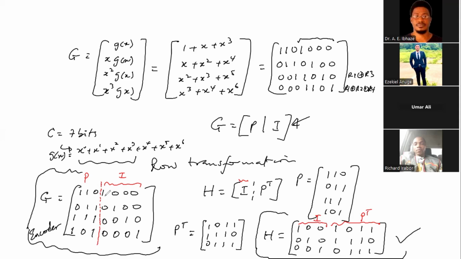And we know the identity matrix has a leading diagonal of 1, right? That's what makes it the identity matrix, because this leading diagonal is all 1, while all other elements are 0. Okay.